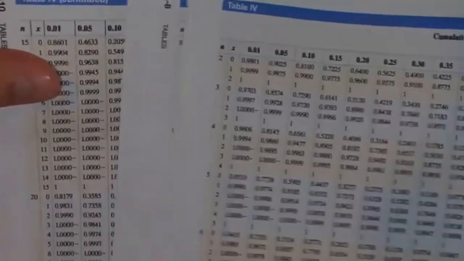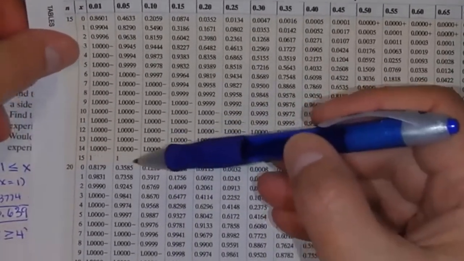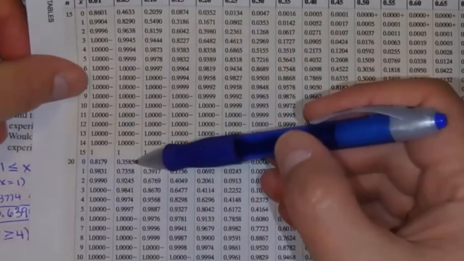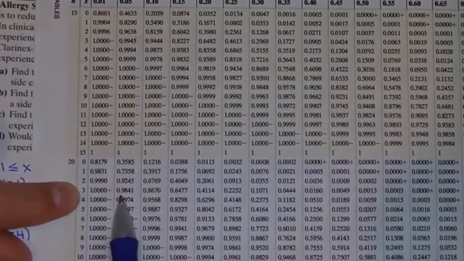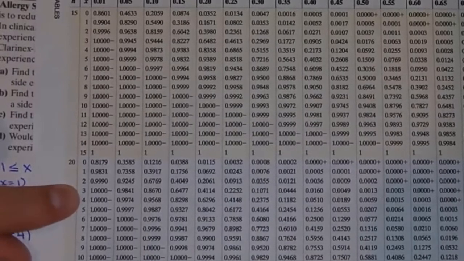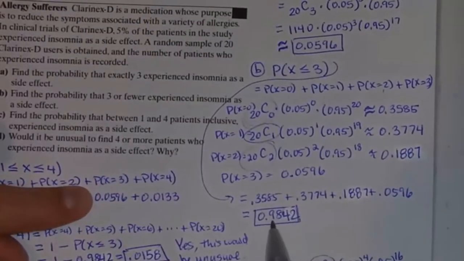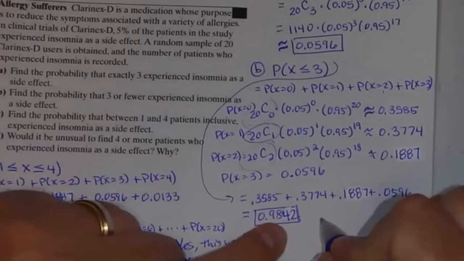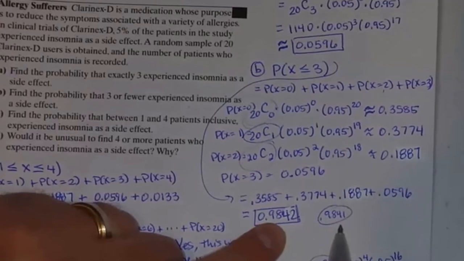Well, if I go to the part where n equals 20 and where p equals 0.05, if I go down here, the probability of 3 or fewer successes is going to be 0.9841. Now, when we calculated that before, we got 9842. So the table is saying 0.9841. So there's a slight bit of discrepancy.